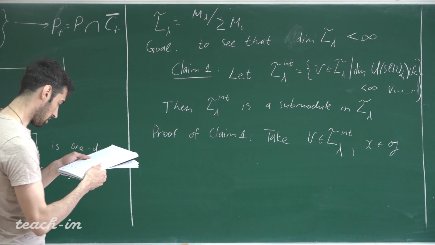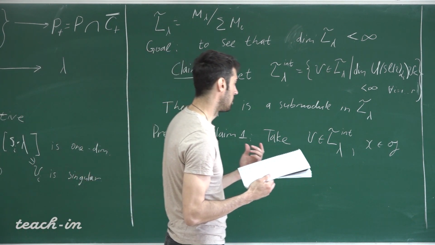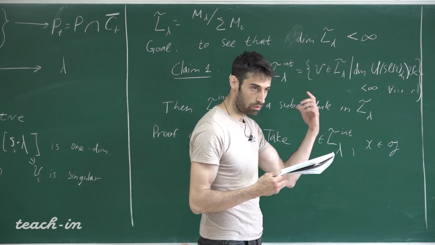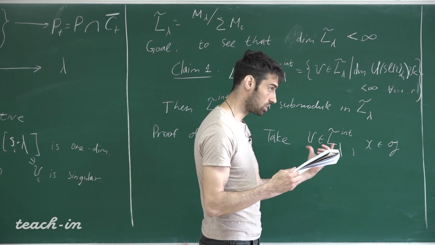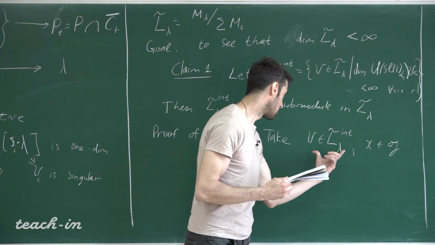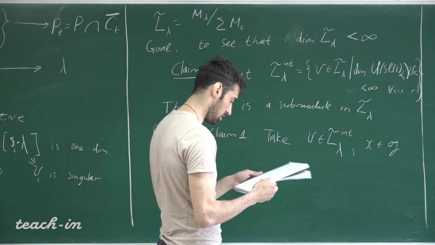Therefore, I need to find some finite dimensional representation of SL2 alpha I for each I, that is inside here, such that XV is in this finite dimensional representation.